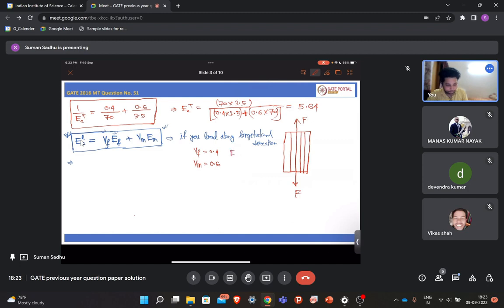EF is given as 70 gigapascal, and EM is 3.5 gigapascal. Now you can calculate the elastic modulus in the longitudinal direction. Just let me know the answer after calculating.